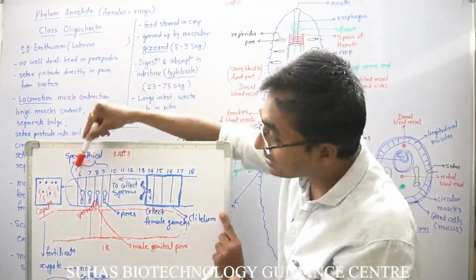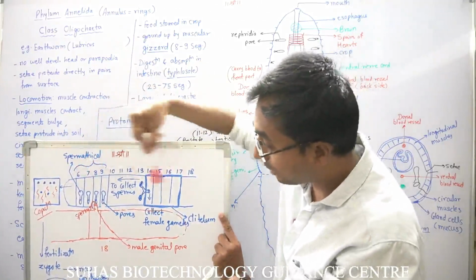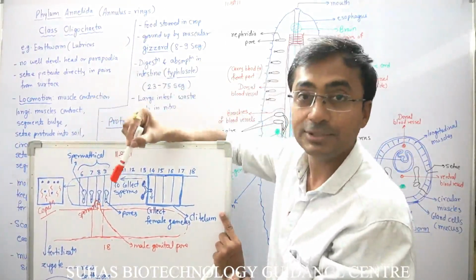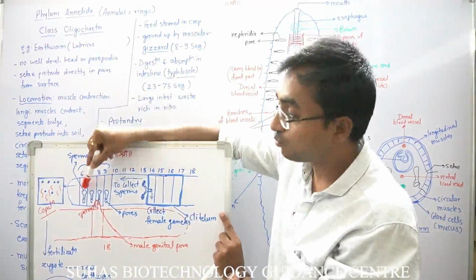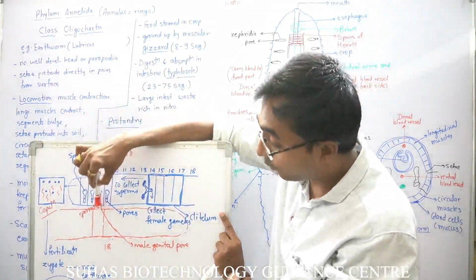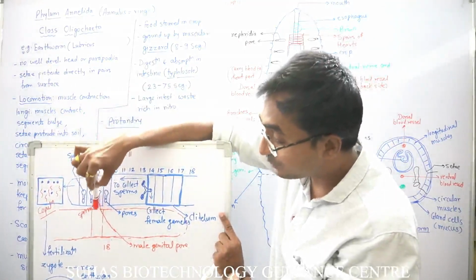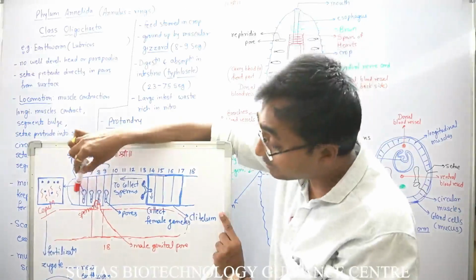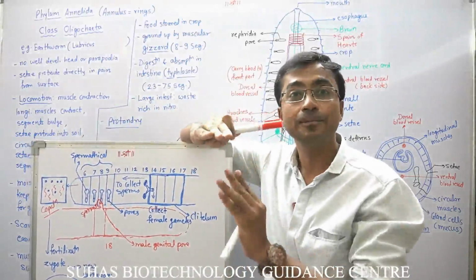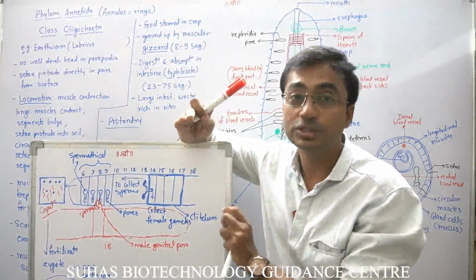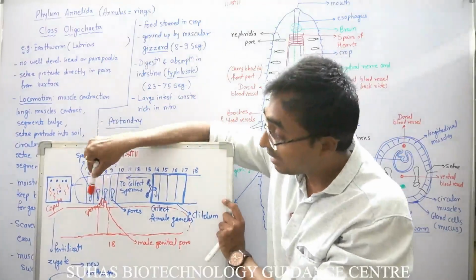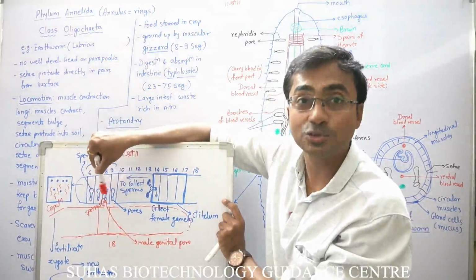Now the 6th, 7th, 8th, 9th segments of earthworm number 1 will have spermathecae. Spermathecae are pockets in which sperms can be stored. The male genital pore of this earthworm will transfer its sperms into these spermathecal bags. Along with the sperm, mucus is also transferred, and that's why the sperms are stored in this area.